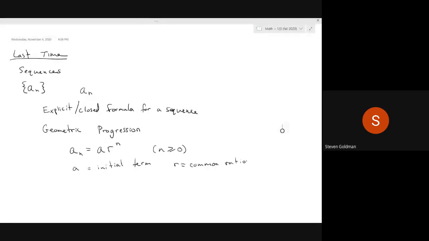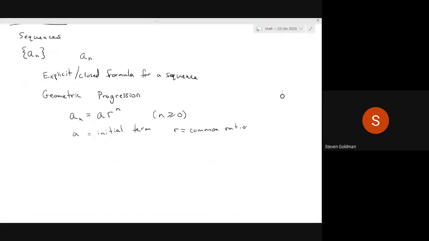Basically, a geometric progression is any sequence that starts with some real number, and then I am multiplying by the same number over and over again to get each successive term of the sequence.